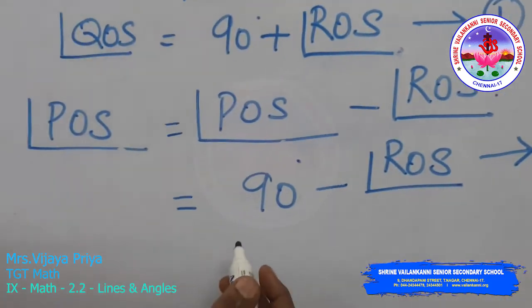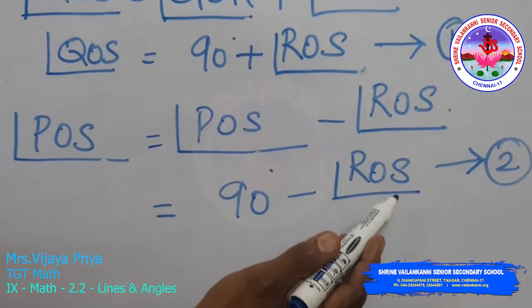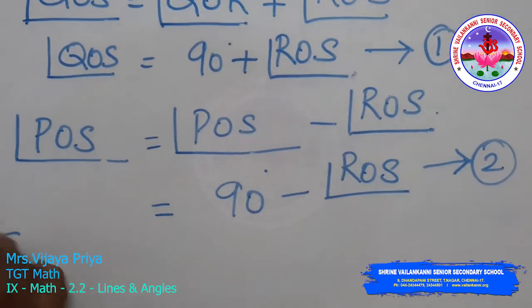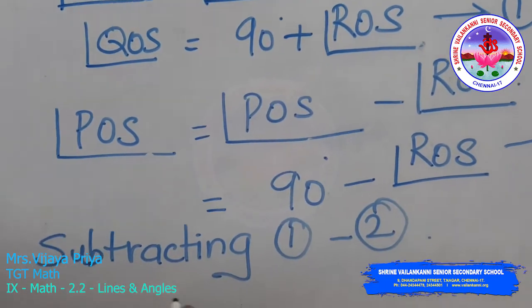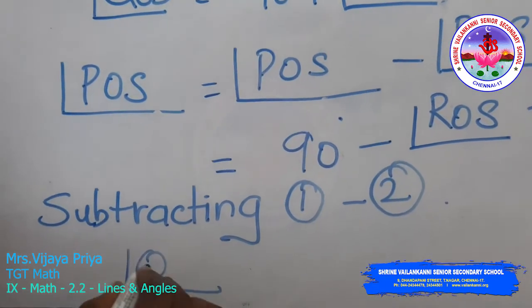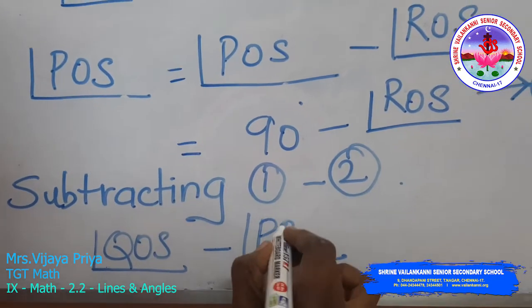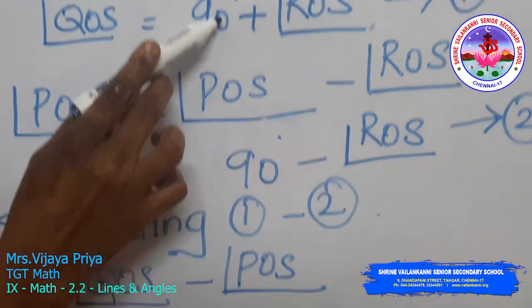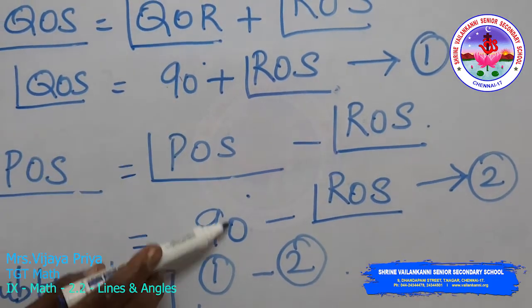Now I am going to subtract equation 2 from equation 1. So angle QOS minus angle POS. When I subtract, the 90 minus 90 gets cancelled.